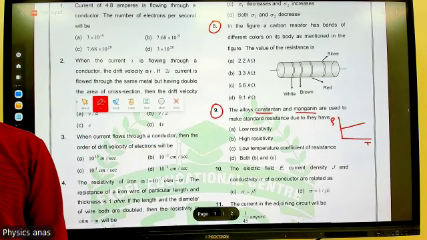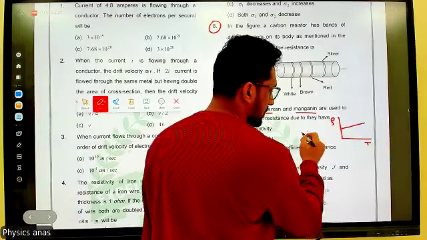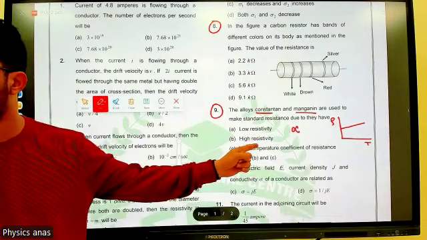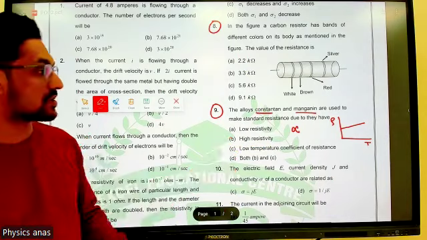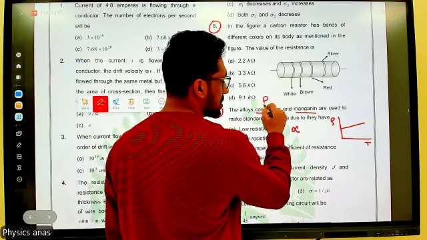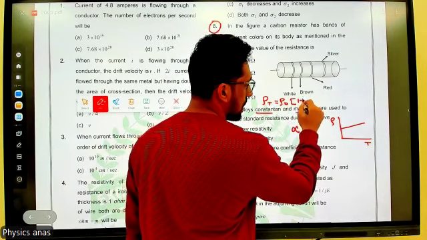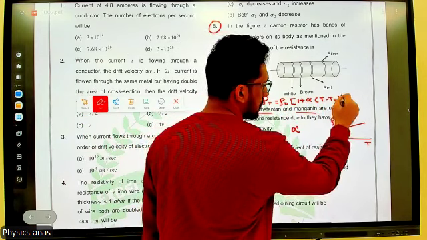Why is resistivity not changing that much? With the rise of temperature, there is something called alpha. What is alpha? Temperature coefficient. There is one equation like this: rho T is equal to rho 0 into 1 plus alpha into T minus T0.